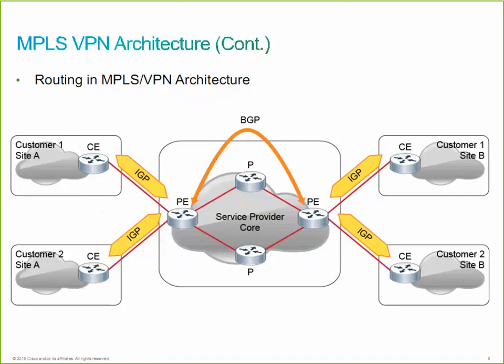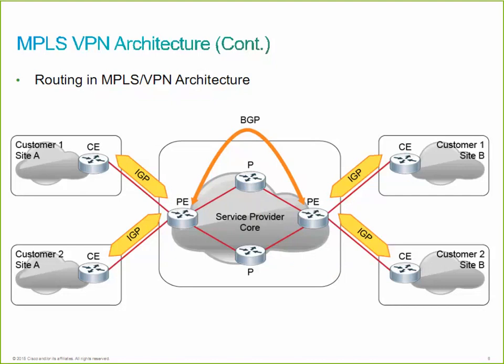The goal of the provider edge router is then to take those routes that are being pulled from the CE router and redistribute those customer routes to the BGP routing protocol process, the MP BGP routing protocol process. Those redistributed routes are then carried to the other PE routers using MP BGP.